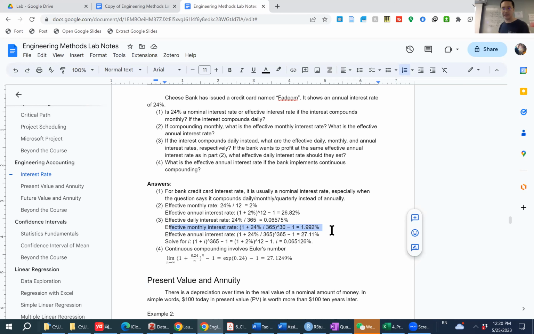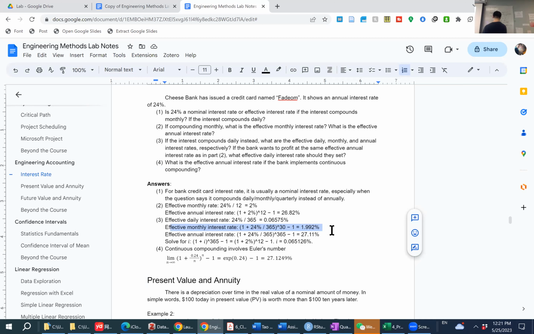Then to find the effective interest rate that equalizes these two quantities, we would just need to solve a function. So here we need to change this interest rate to be equal. So in the last section, in part 3, we would have to derive an equation so that if we add 1 and let's see, 2%, right?